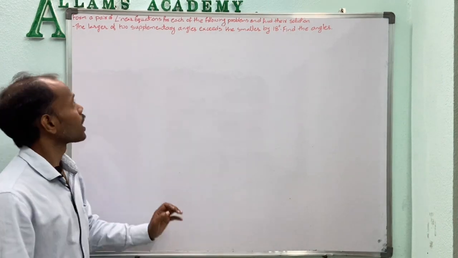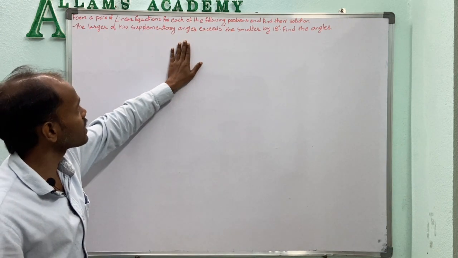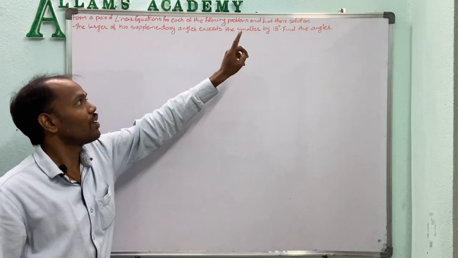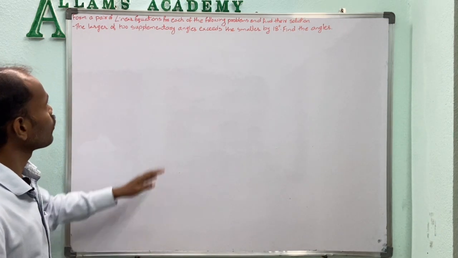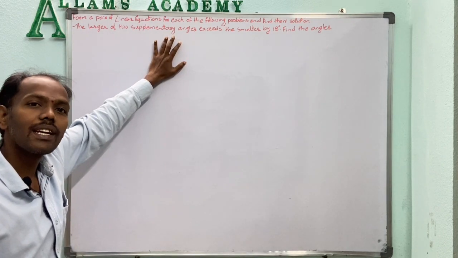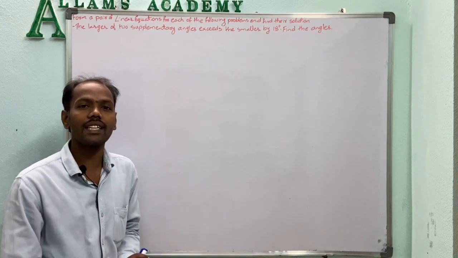Here is the next problem: the larger of two supplementary angles exceeds the smaller by 18 degrees. Find the angles. So here two supplementary angles are given. Supplementary angles means the sum of the two angles is 180 degrees.